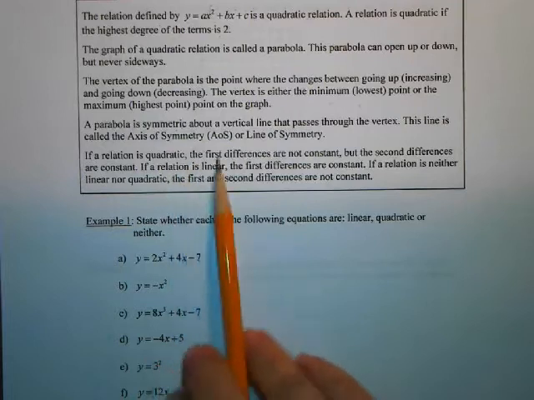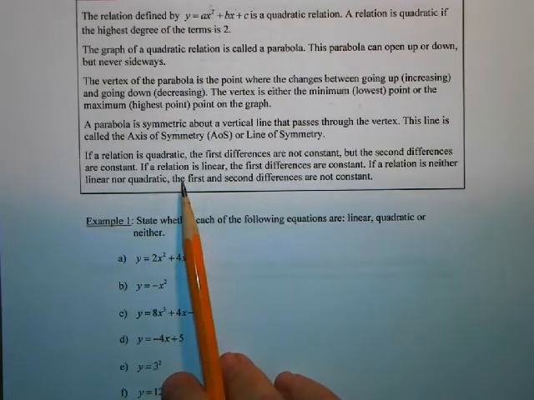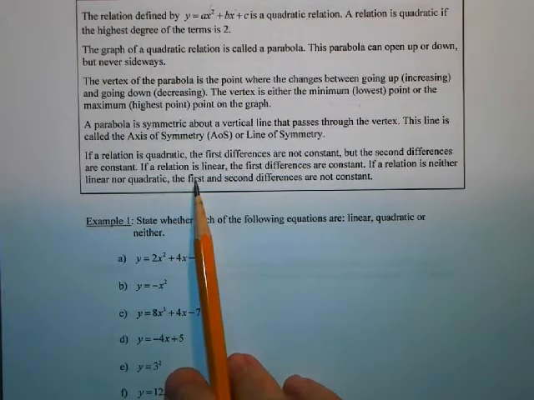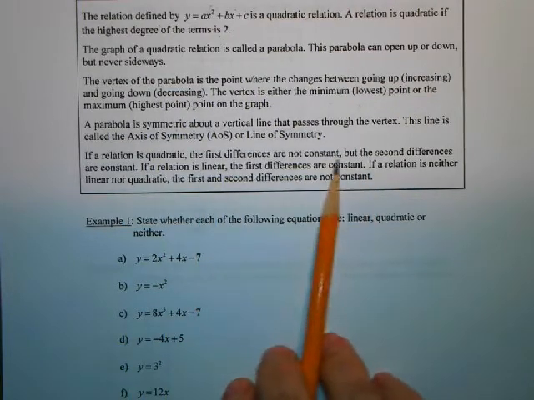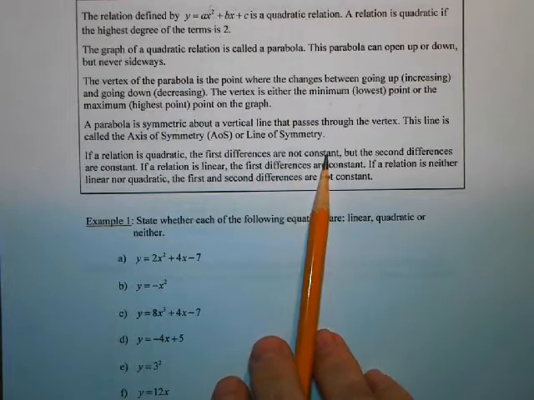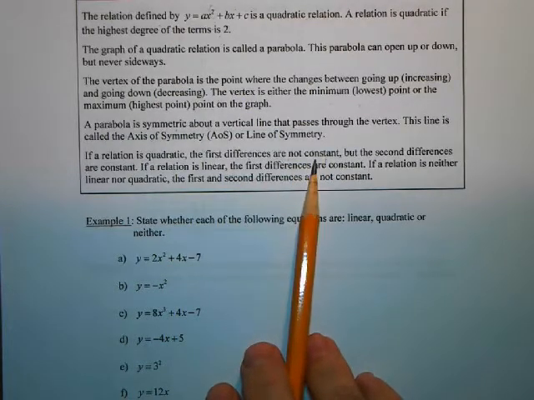Now this thing we haven't talked about yet, but if you remember back when we did linear relations in grade 9, you could look at the table of values and look at the first differences, and if they were all constant, you knew the relation was linear. We're going to extend that concept with the quadratic relationships. So with quadratic relation, the first differences are not constant, and that makes sense because if they were, it would be linear.